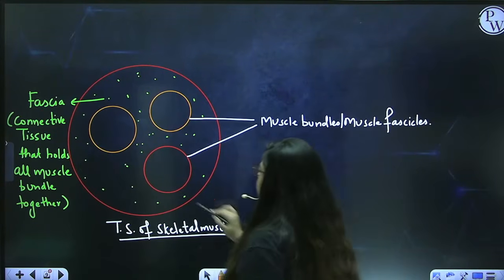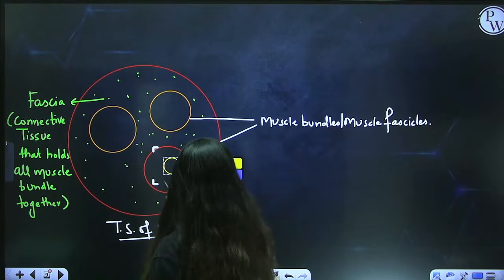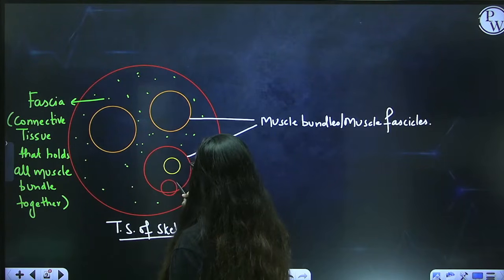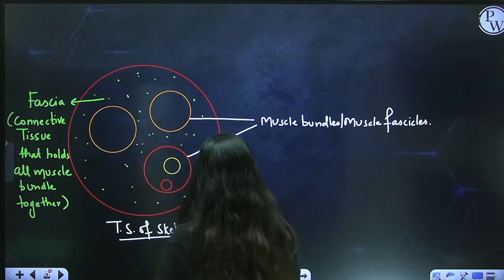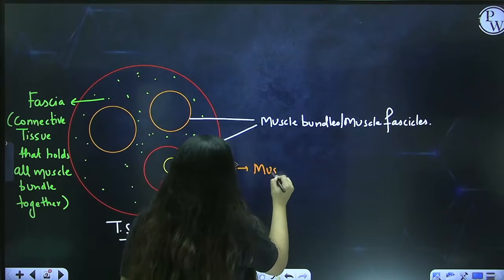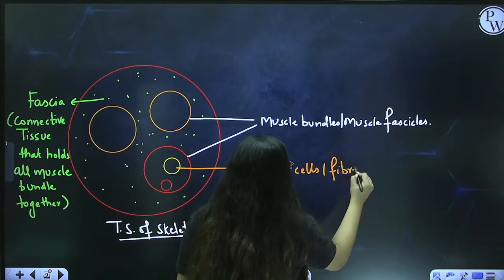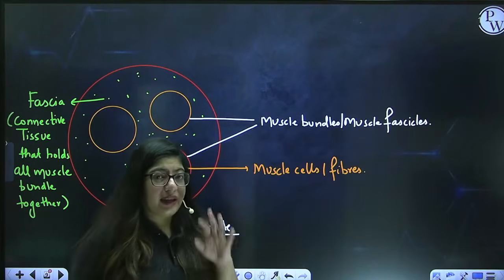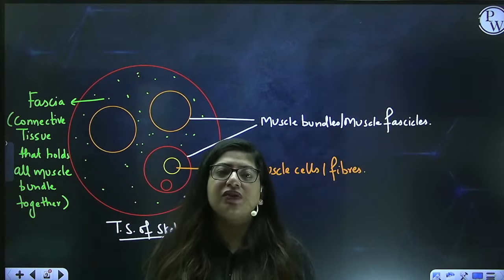Inside the muscle bundles are present small muscle cells, or muscle fibers. As you can see, I have made the transverse section. Anything that appears circular in the transverse section is generally cylindrical.